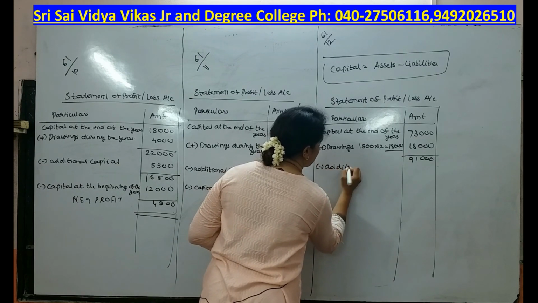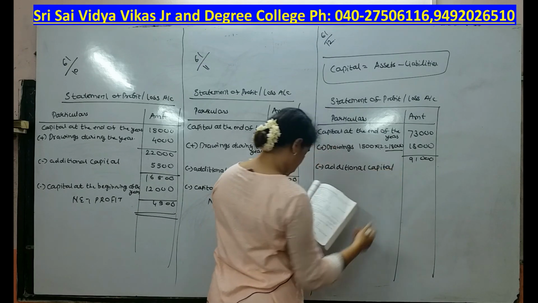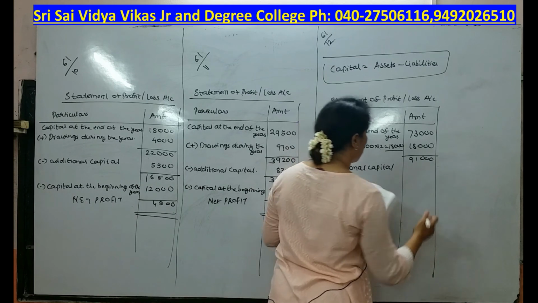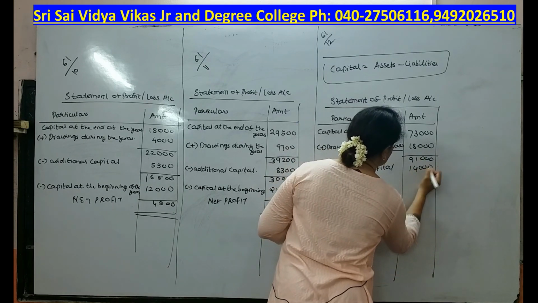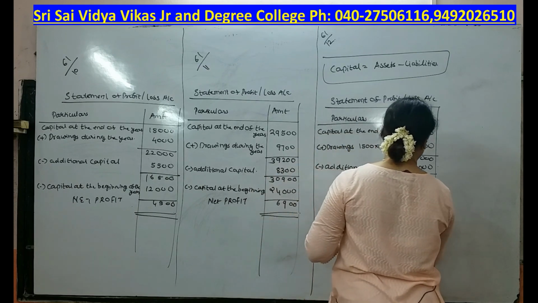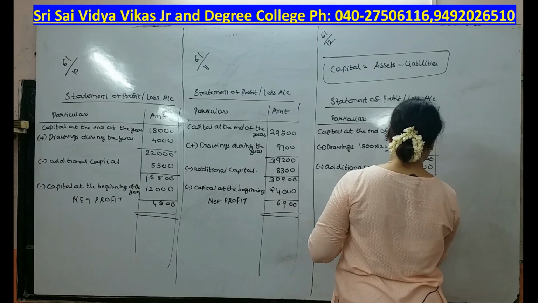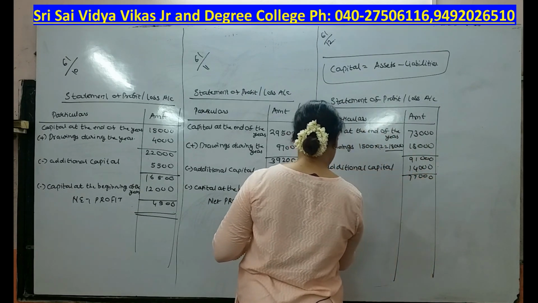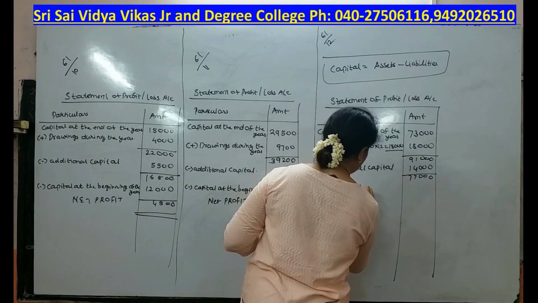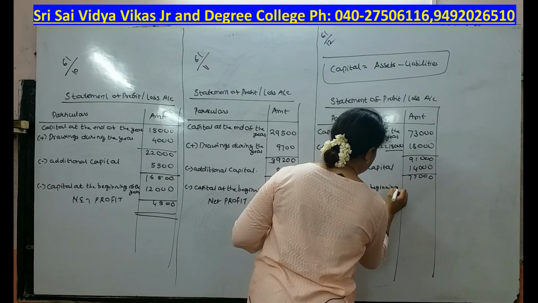Less additional capital. What is an additional capital? Fresh capital is nothing but an additional capital of 14,000. Less capital at the beginning of the year.